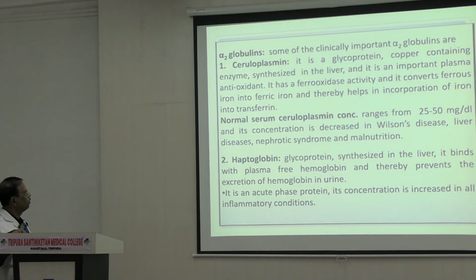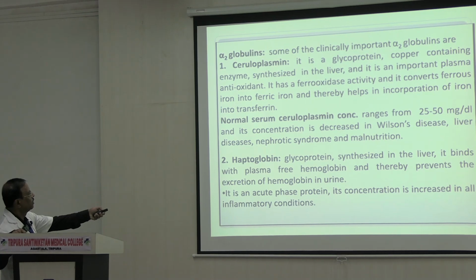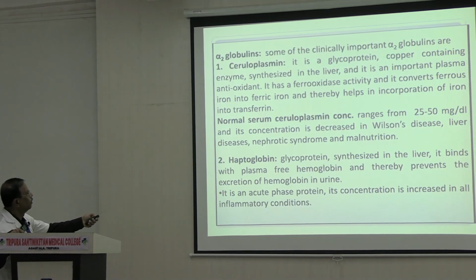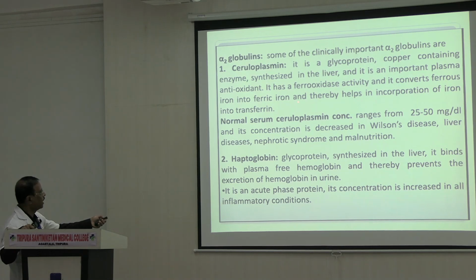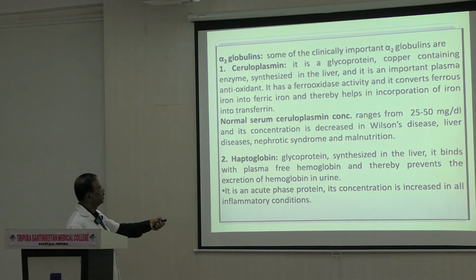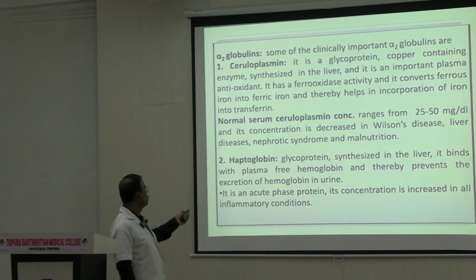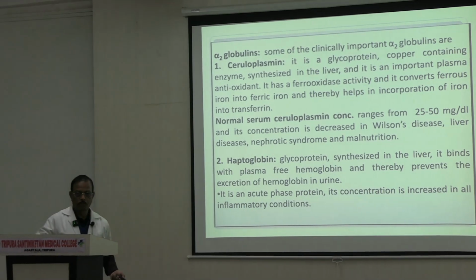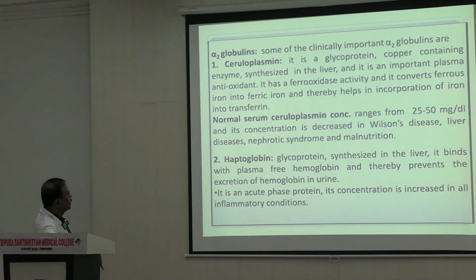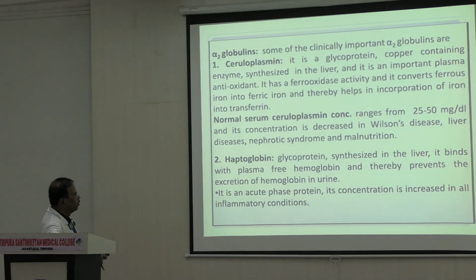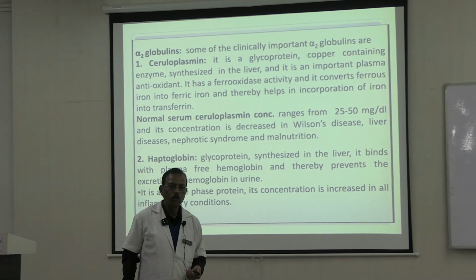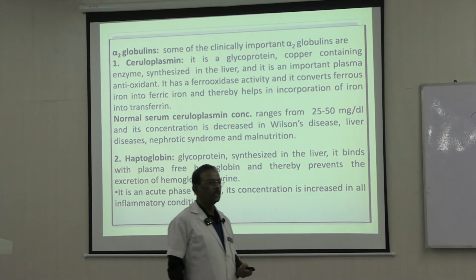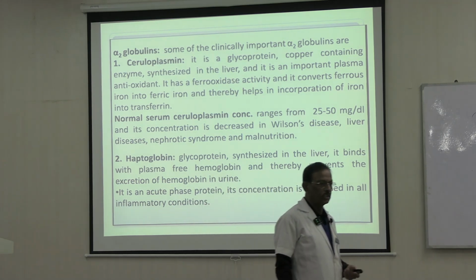It has peroxidase activity and it converts ferrous ion into ferric ion and thereby helps in incorporation of iron into transferrin. Normal serum ceruloplasmin concentration is 25 to 50 mg per deciliter. When it comes below 20 mg per deciliter, the person develops Wilson's disease.